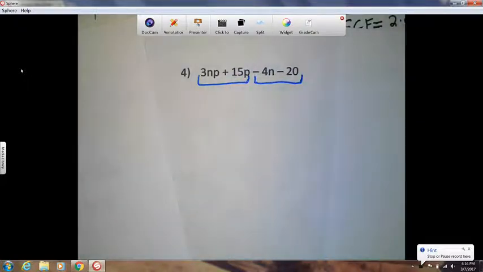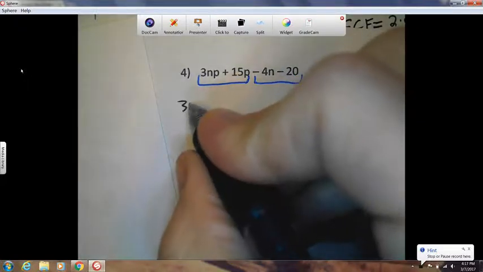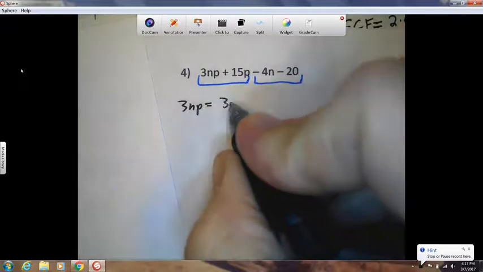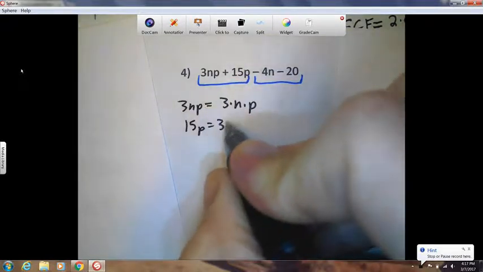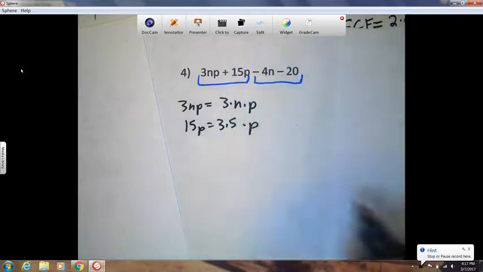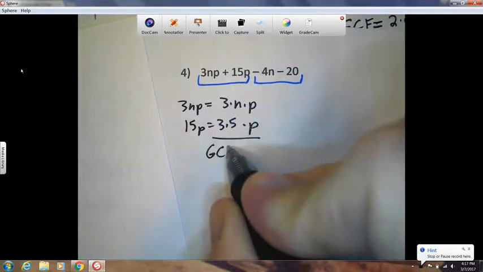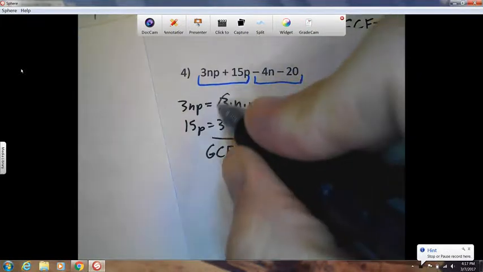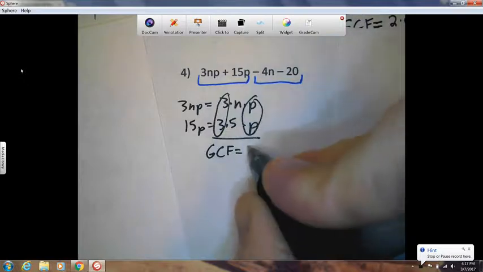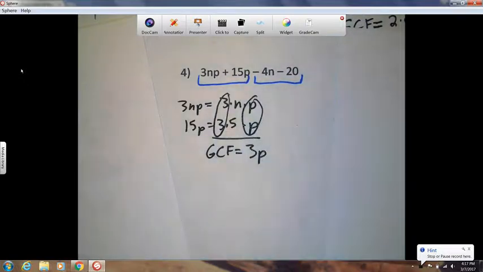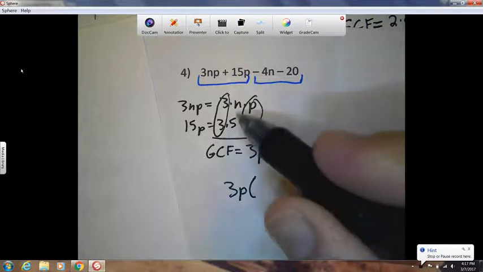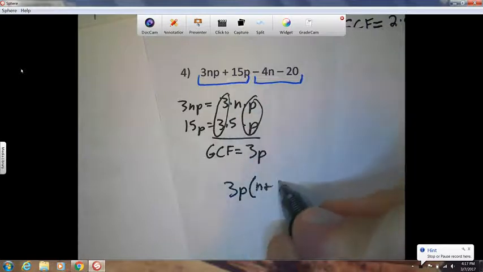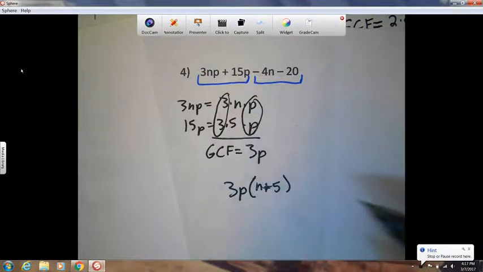So 3np equals 3 times n times p. 15p equals 3 times 5 times p. Greatest common factor, 3p. So I have 3p. What do I have left? N plus 5. Now you can always multiply this back out, see if you get back to your original answer.